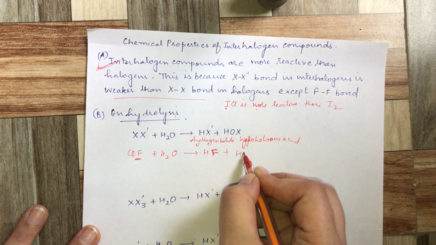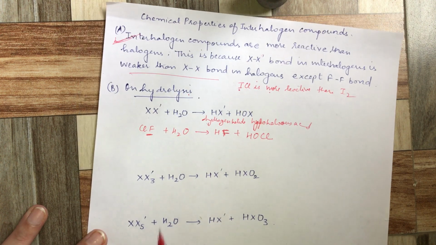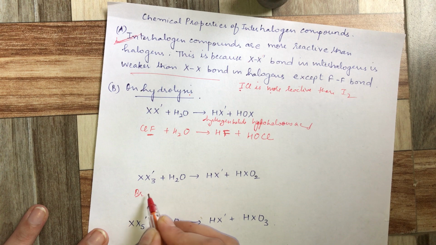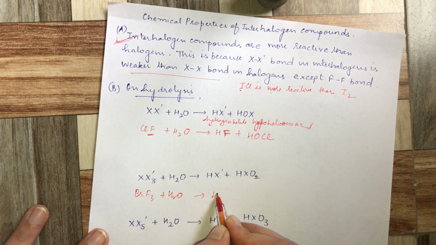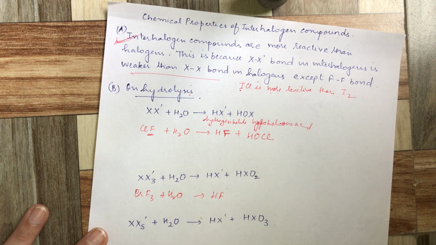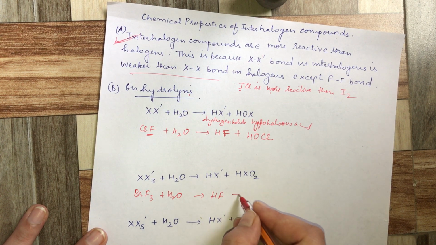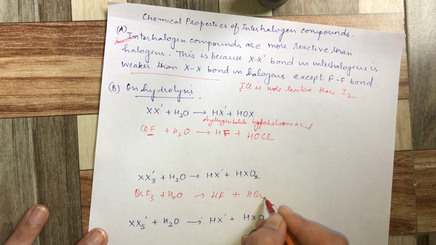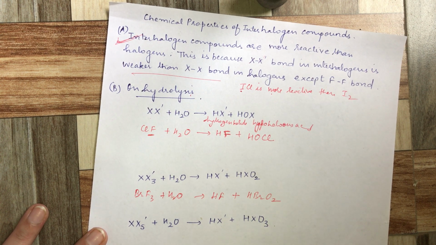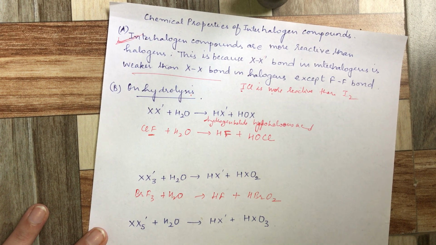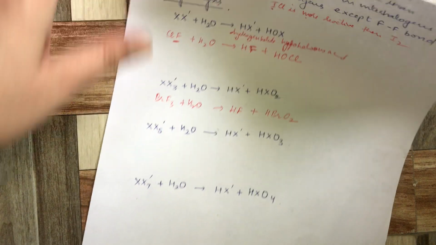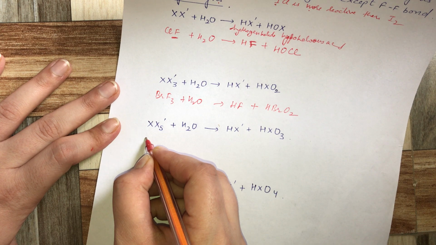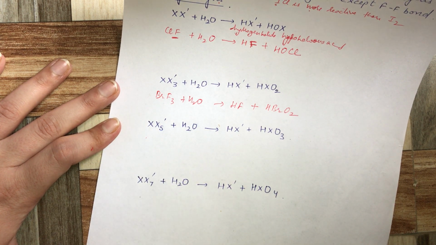So it will form HF and HOCl. If we have BrF3 plus water, it is understood that the more electronegative one will form the hydrogen halide and the other will form the halous acid, right?